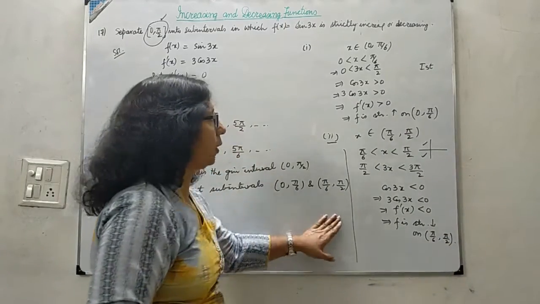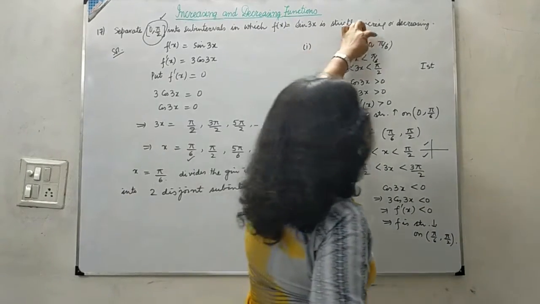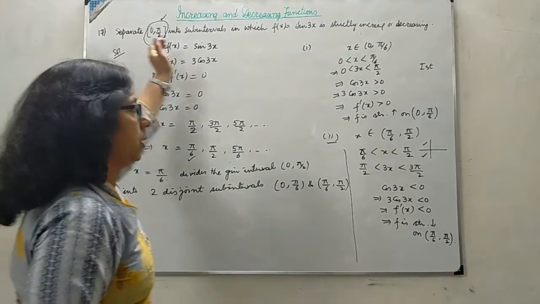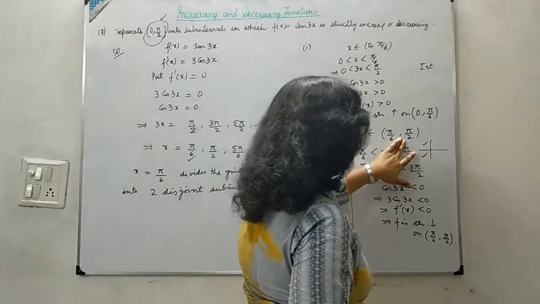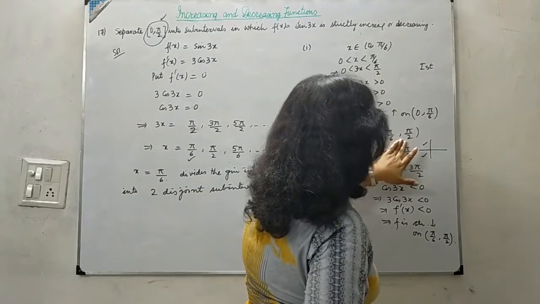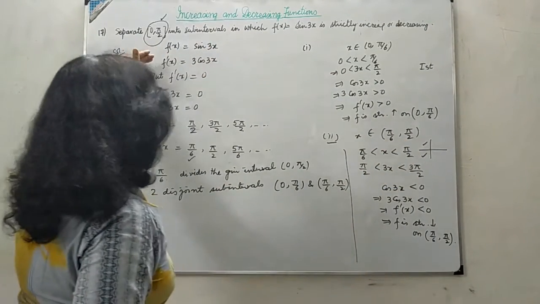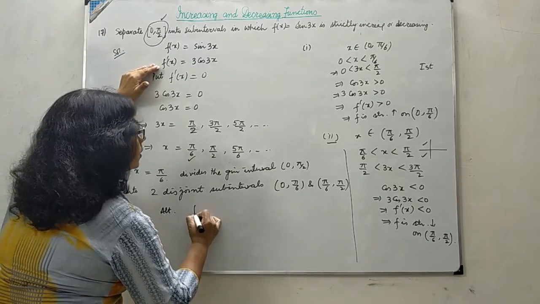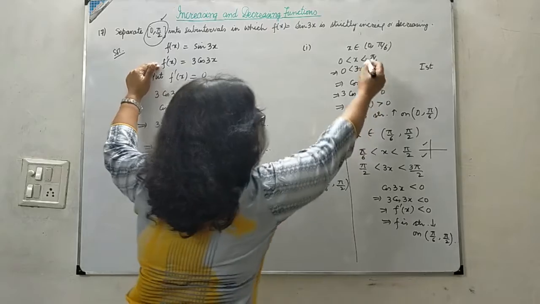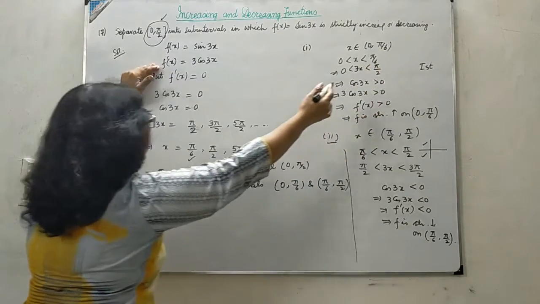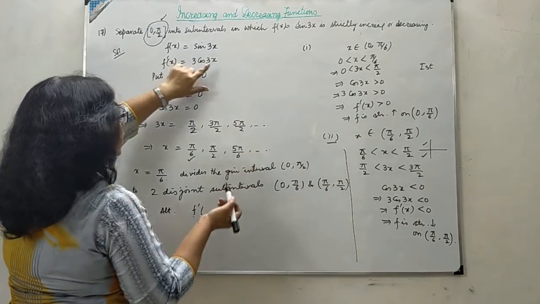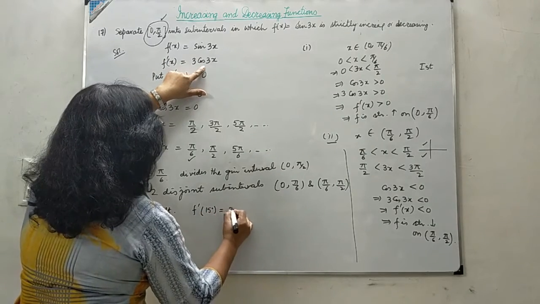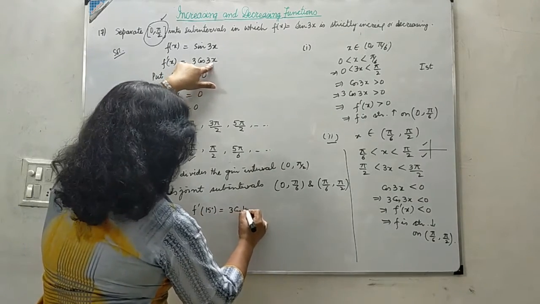Or you can take the alternative procedure by taking any point in between the interval and checking for f'(x). In the first interval, say 15 degrees, that is, since pi by 6 is 30 degrees, I will take 15 degrees: 3 times f'(15 degrees) is 3 times cos 45 degrees.